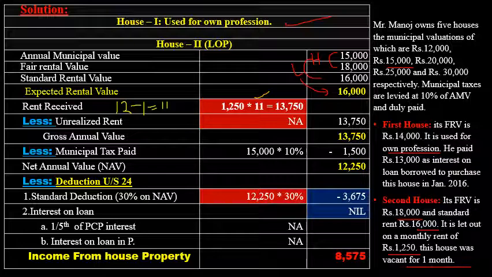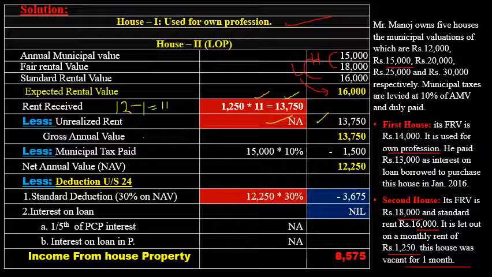So rent received for 11 months is 13,750, 1,250 into 11 months, and 1 month is a vacancy. So after considering the vacancy, and unrealized rent is not there, the actual rent received for let out duration is 13,750.